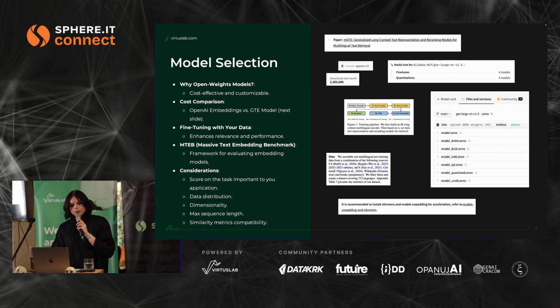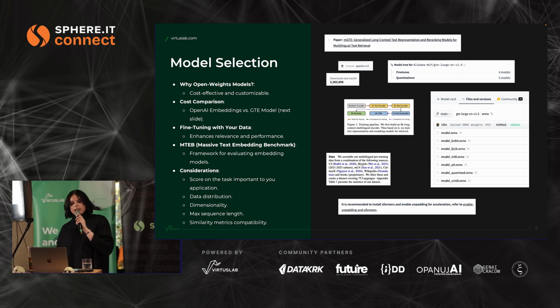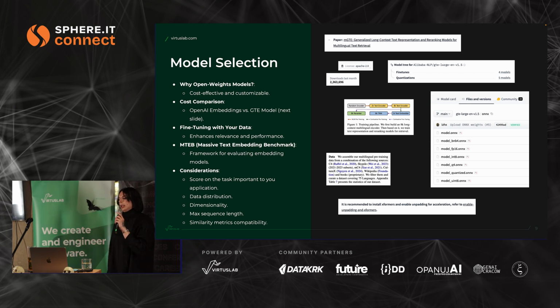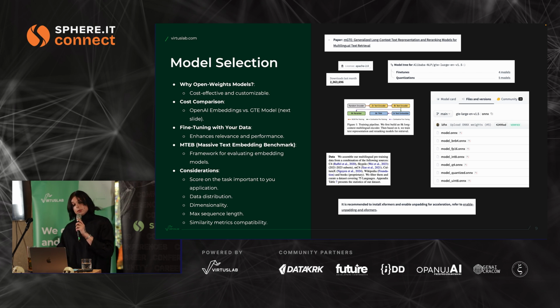With the model selection, there is a question, why not use the embeddings from OpenAI? It's faster, it's easier. But open-weight models are cost-effective, and probably the most important part is that they are customizable.